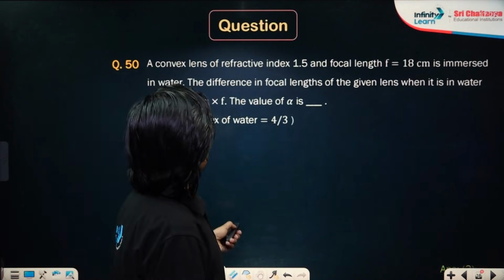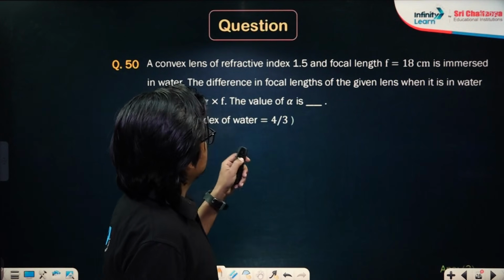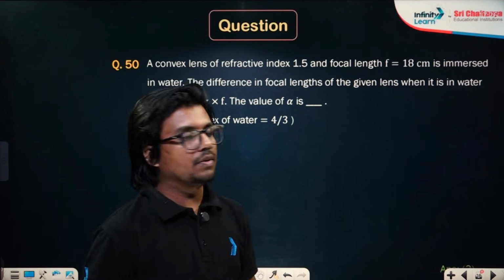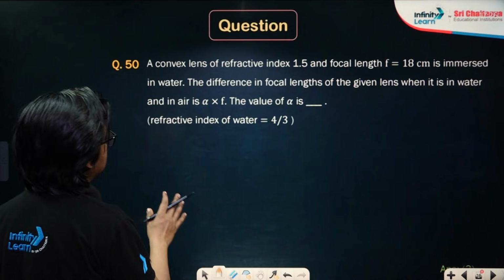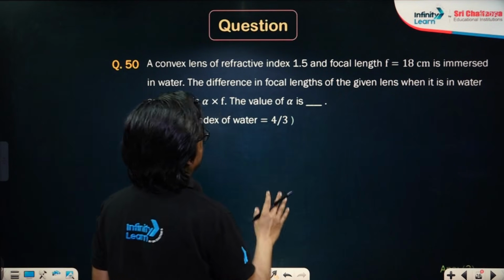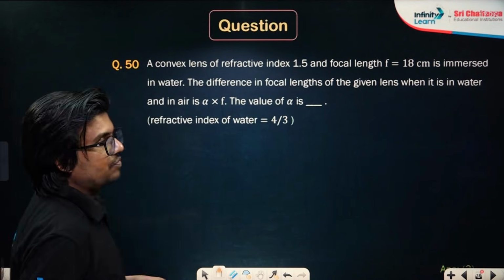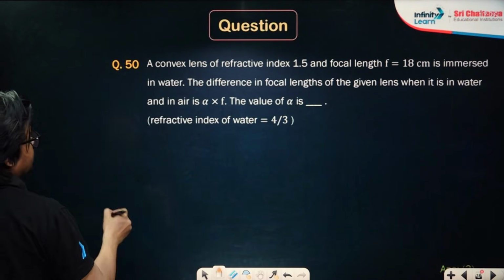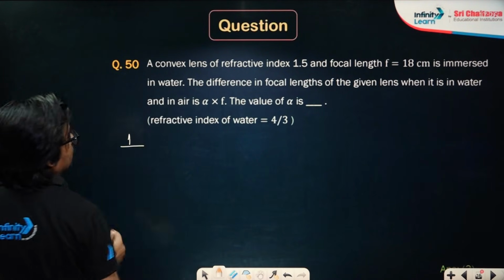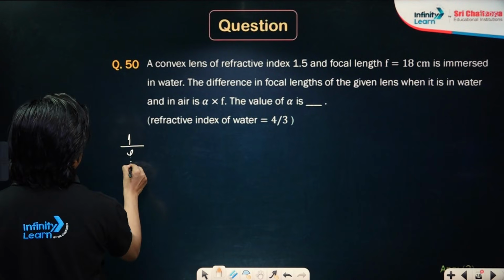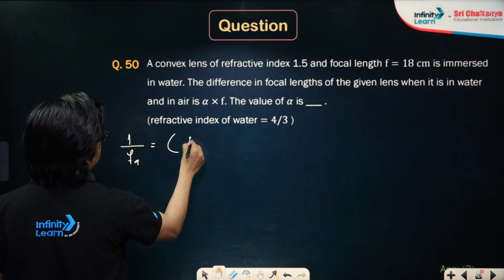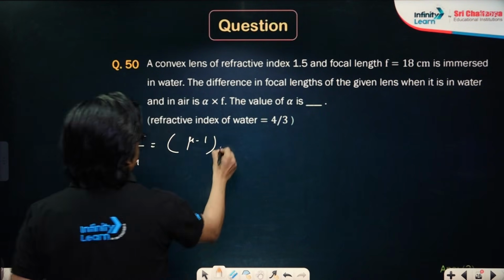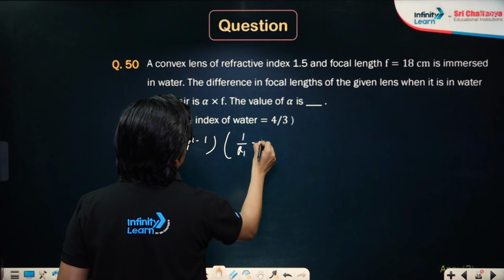Now the last one. A convex lens of refractive index 1.5 of focal length f equal to 18 centimeter is immersed in water. The difference in focal length of the given lens when it is in water and in air is alpha into f. The value of alpha is, so the focal length in the air is given. So 1 by Fa is equal to refractive index mu minus 1 into 1 by R1 minus 1 by R2.